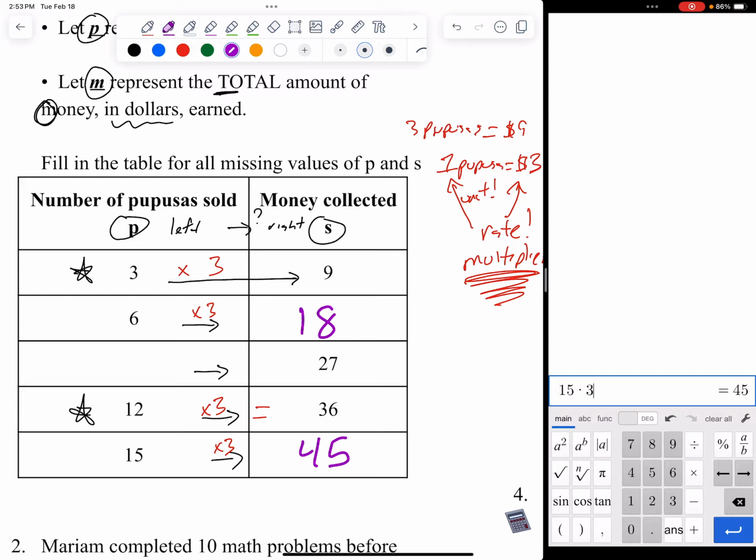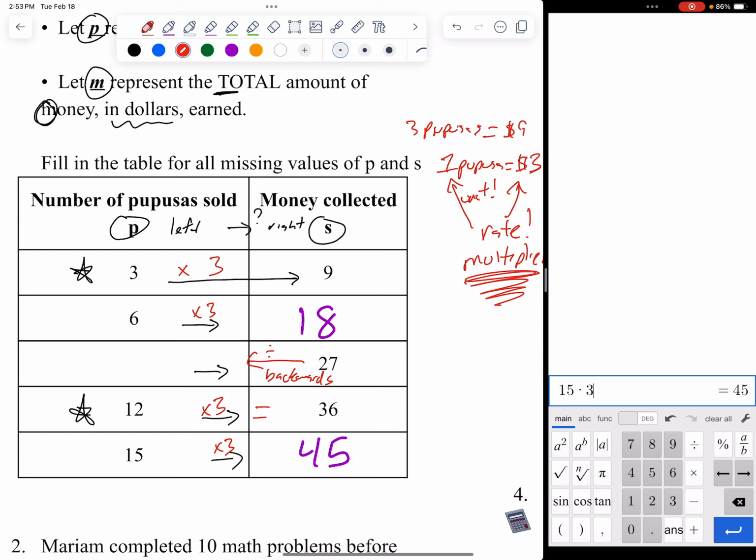What about the 27? That one's a little tricky, no? Because if I go to the right and I have to multiply, how do you think I can go backwards? So if I go to the right and I multiply by 3, what do you think you're going to do if you go the opposite way? What is the opposite of multiplication?